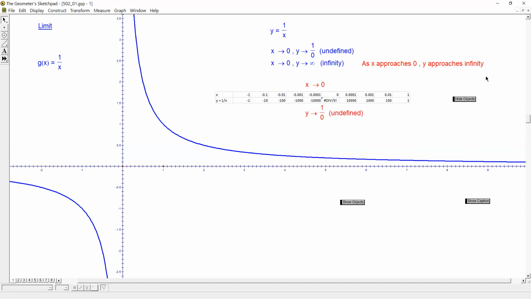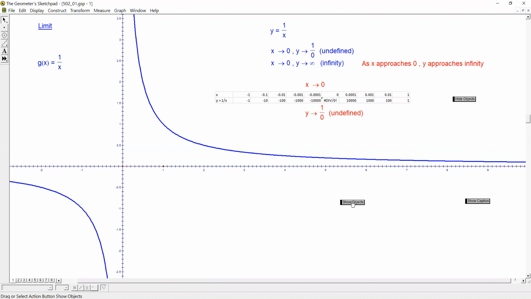You know what is undefined and what is infinity. And you know what I mean by as x approaches 0, y approaches infinity. So this is the first thing you need to know: x approaches 0, y approaches infinity.